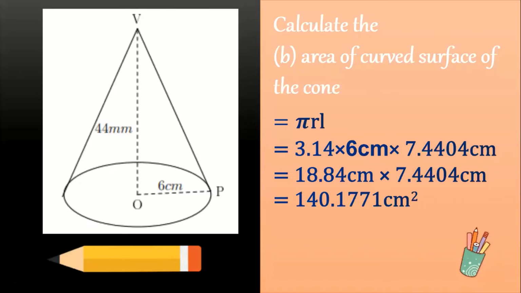Part B said to calculate the area of the curved surface of the cone. When a cone is formed, it has that part that is folded to make it a cone.